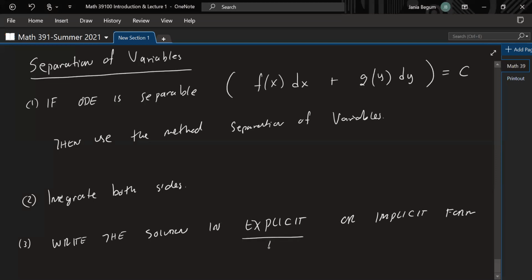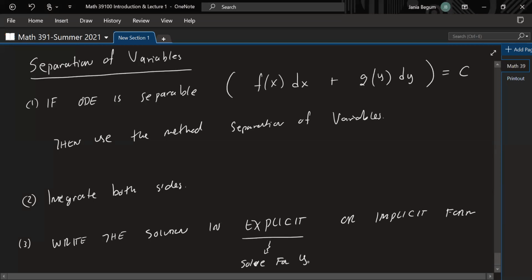Explicit means you're able to solve for y. And implicit means x and y are all together. It doesn't matter. But explicit means you're able to say y is equal to something. Let me give you the first example and then I'll illustrate this method.